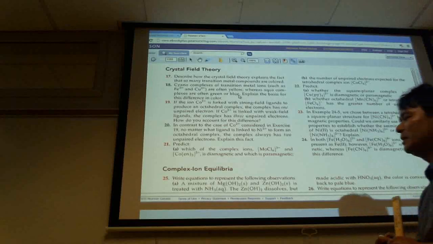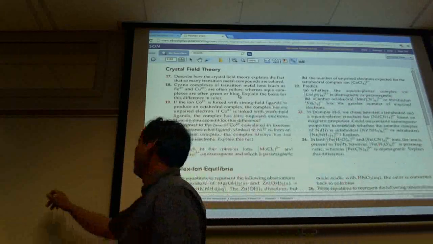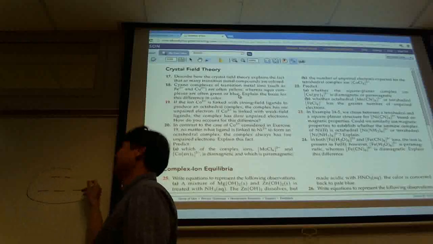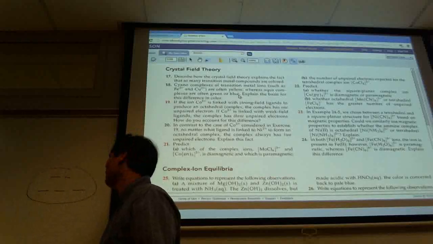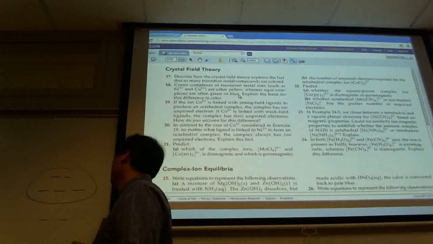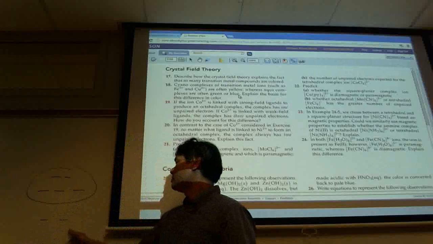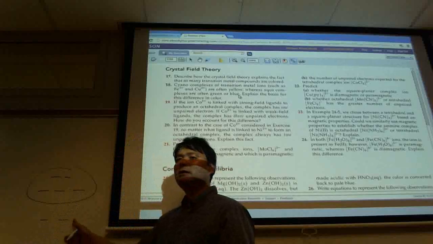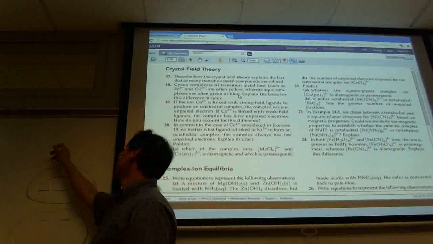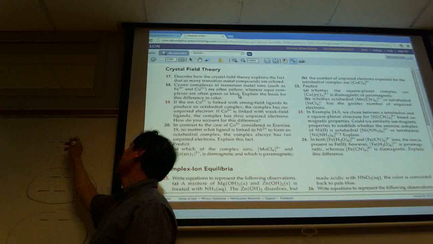Do you guys know the splitting patterns? This is octahedral. This is what we call weak field. This would be a stronger field because the splitting gets bigger. Tetrahedral, they're all weak fields, and the splitting is not so big, but it's a pattern like this.